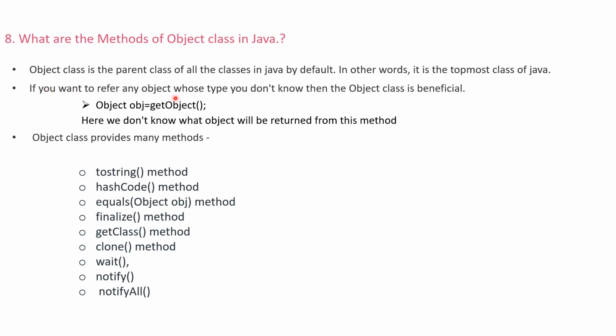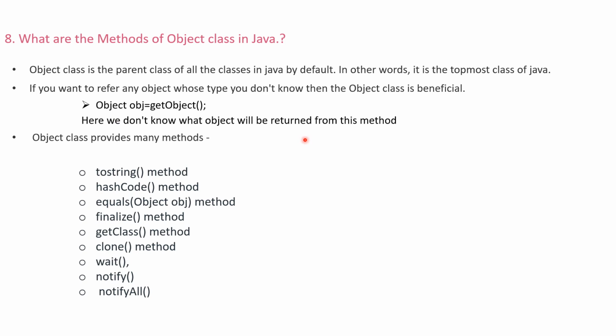If you want to refer to any object whose type you don't know, then the Object class is beneficial. As I said before, when we discussed the equals method and hashCode method in the Object class, whenever we don't know exactly what the return type or data type is, then we can go for this Object class.